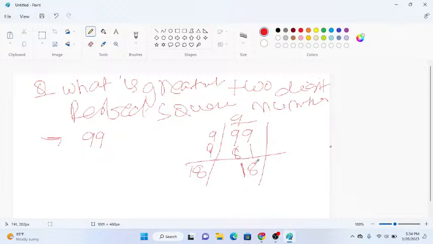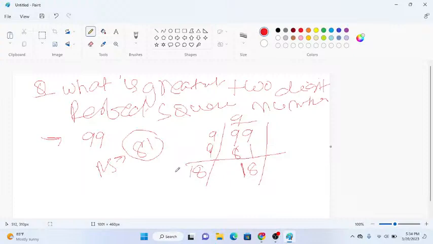If we subtract this 80 from 99, it will be what? A perfect square number. You know well, 9 minus 8 is 1 and 9 minus 1 is 8. So our correct answer is what? That is 81. So 81 is the greatest two-digit perfect square number. So our correct answer is 81, not 99.